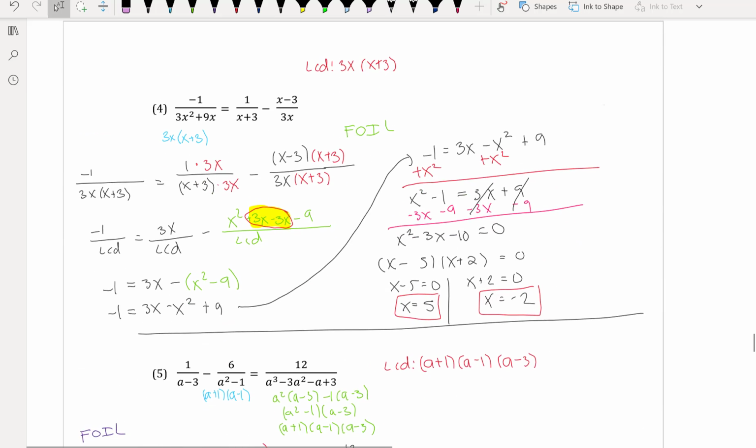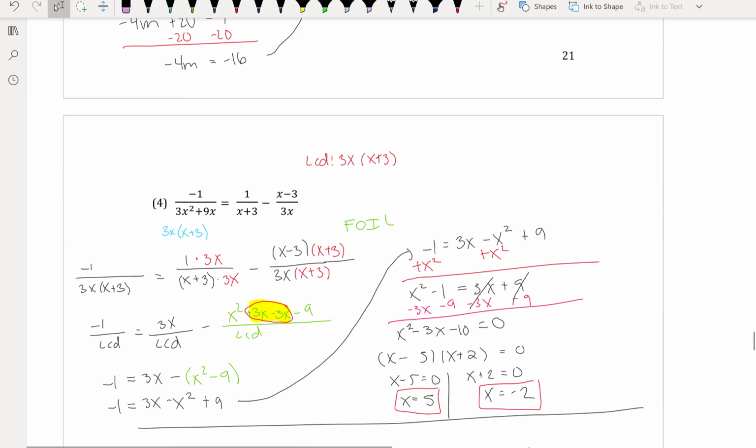And for number 4, this is kind of a long one, but it's still doable. My LCD happens to be 3x times x plus 3. The first fraction has everything there. The second fraction is missing a 3x, so 3x in the bottom, 3x in the numerator. The last fraction is missing an x plus 3, so that gets multiplied in the denominator as well as the numerator.